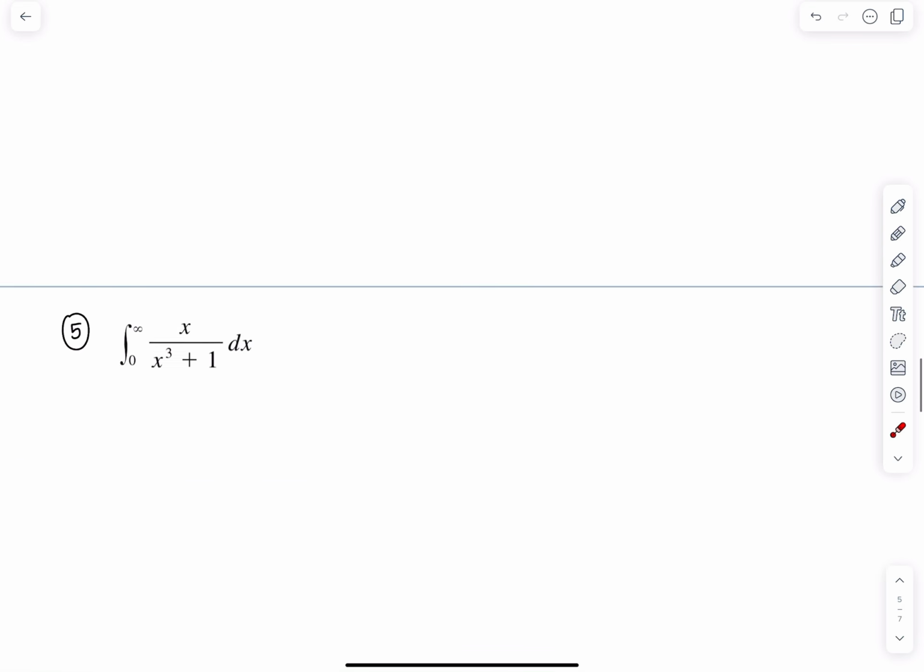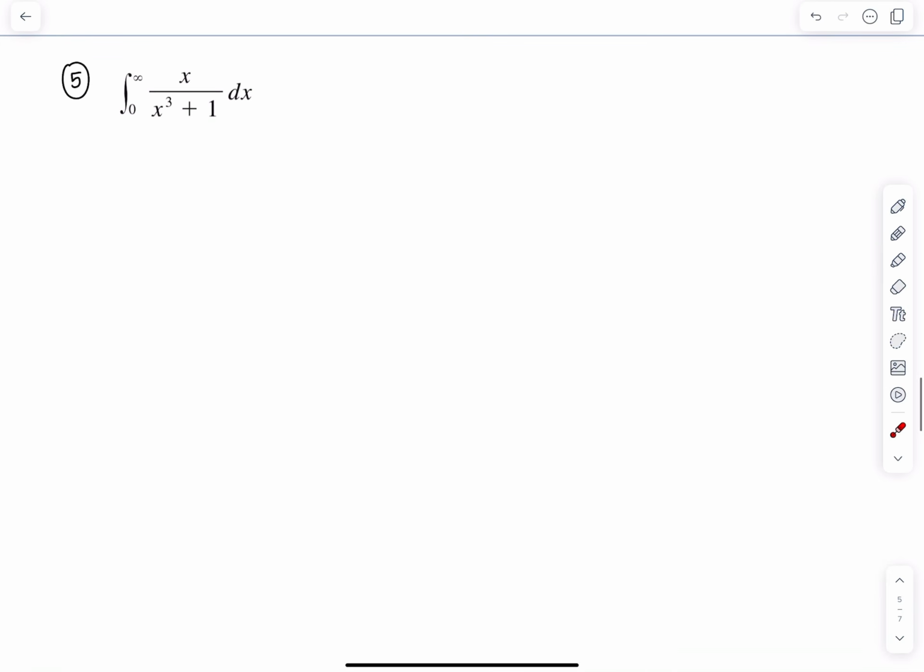Number 5. The integral from 0 to infinity of x over x cubed plus 1 dx. I went on a rant earlier, right, about how p-series has to be from 1 to infinity, not 0 to infinity. But I really want to use p-series. So what can you do?